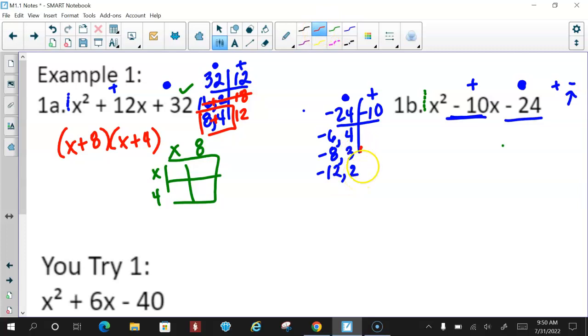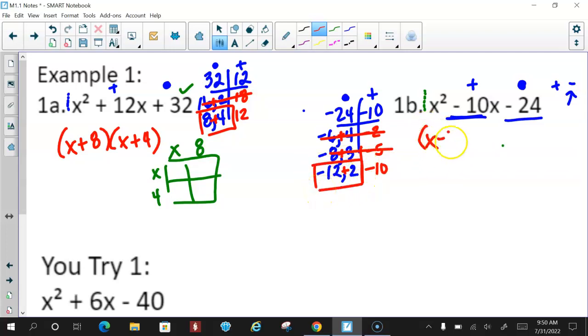So now as we go through those factors, make sure that we add them. Negative 6 plus 4, that's not going to give us negative 10. Negative 6 plus 4 is negative 2. So I know that doesn't work. Negative 8 plus 3, well, that's going to give me negative 5. So I know that doesn't work. Negative 12 plus 2, there's your negative 10. So negative 12 and positive 2.